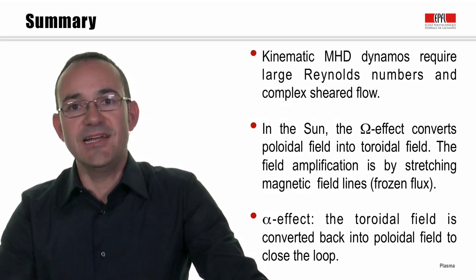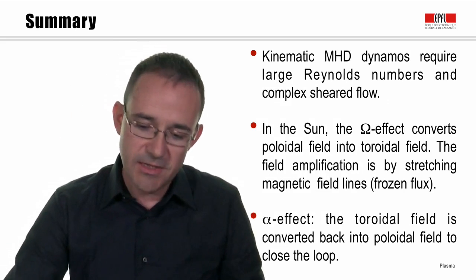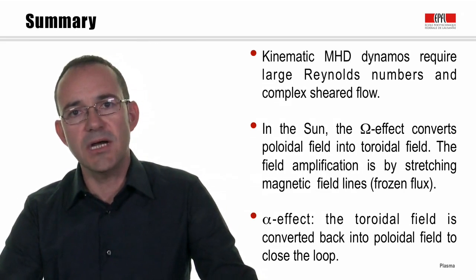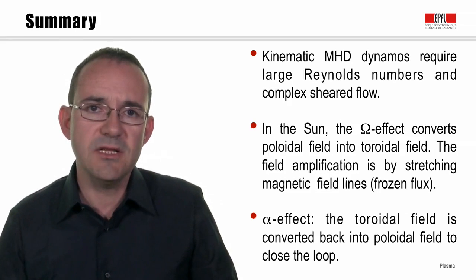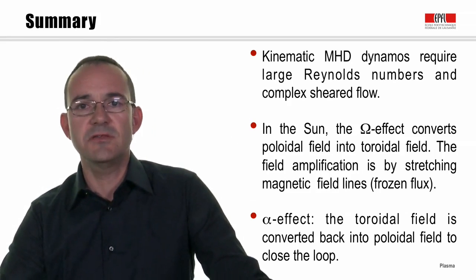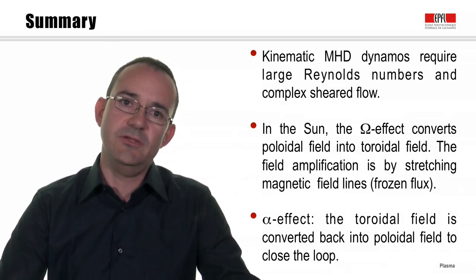In the early 1900s, the famous scientist Sir Larmor asked the question: how could a rotating body such as the Sun become a magnet? Today, we know that the answer requires a dynamo process that converts energy of the plasma flow into magnetic energy.